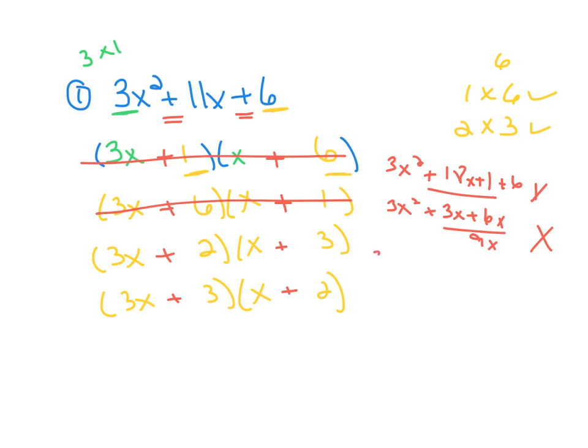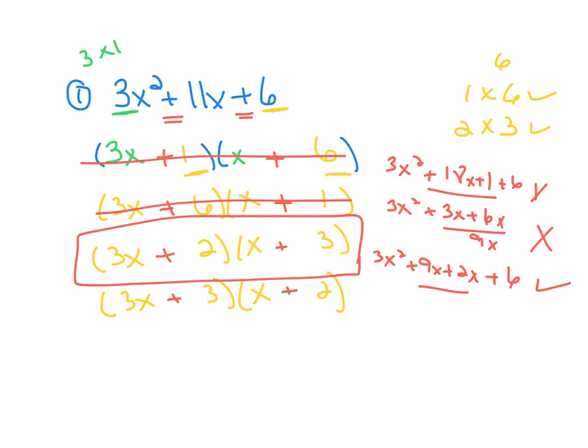Then I went to this one, 3x squared plus 9x plus 2x plus 6. Ding, ding, ding. This one worked. And then my other option, just to make sure that you see it, 3x squared plus 6x plus 3x. That only gave me a 9x. Did not work. All right.